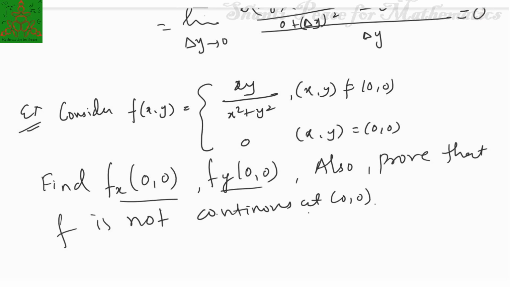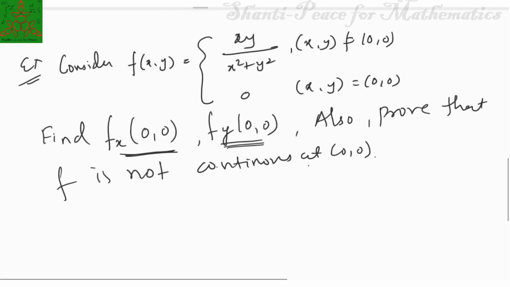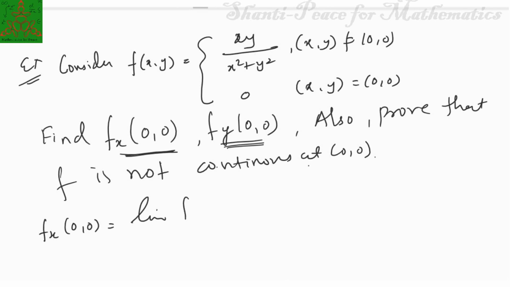That means this example says that the partial derivatives exist at the point 0, 0. So let us first calculate the partial derivative of f with respect to x at point 0, 0. By the definition, this is f of 0 plus delta x comma 0 minus f of 0, 0 upon delta x as delta x tends to 0.